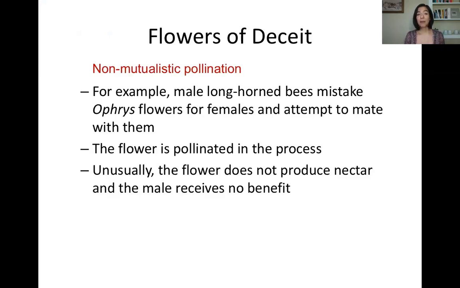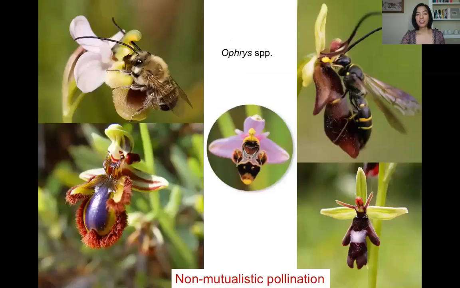There are a lot of types of interactions that are non-mutualistic pollinations. This is one example of orchids. The Ophrys orchids trick some of the longhorn bees into thinking that they are actually female bees, but they are actually not. And this is what happens. These bees or wasps look for a mate, and you can see that the flower resembles a little bit the female bees or the female wasp of this species.